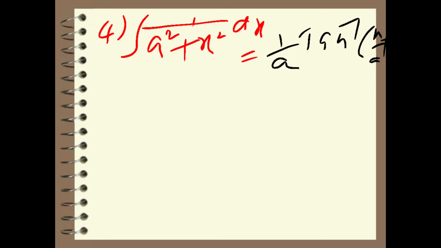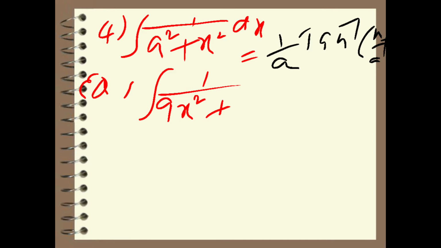Let us see one more problem on this formula. Okay, we will see one example. Integral 1 by 9x square plus 36 into dx. Let us see how to do this problem.